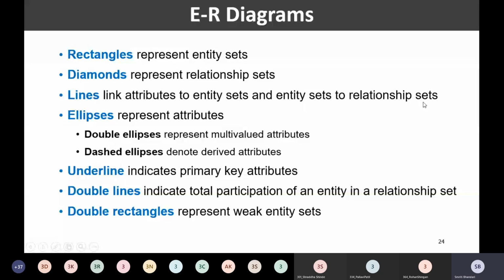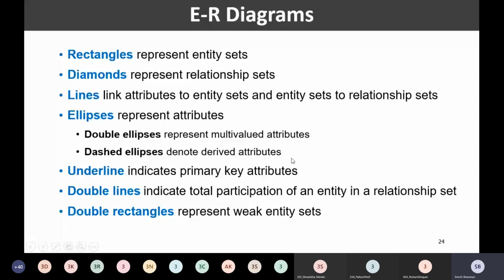We have ellipses to represent the attributes. There is a variety of ellipses that we may have. So we use a double ellipse to represent the multi-valued attribute and a dashed ellipse to represent derived attributes.